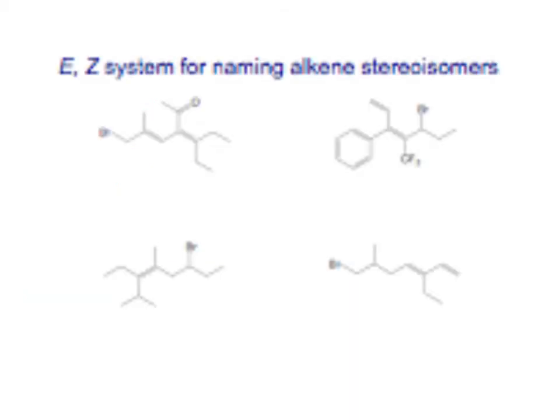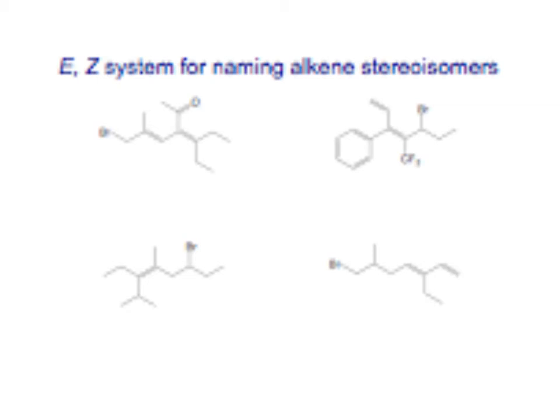Let's look at a few examples here. So the first thing that we need to do to determine E or Z is we have to decide whether there is a double bond in the molecule that would have possible stereoisomers.